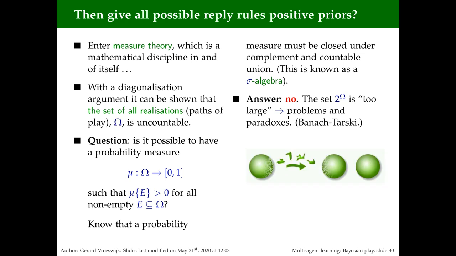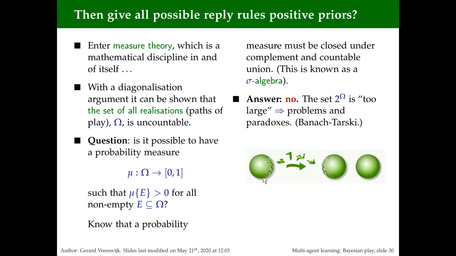Like, for example, the Banach-Tarski paradox, which tells you that if you insist on giving all subsets of the set of all realizations positive probability, then you would not sum up to 1, and you would have to rely on the axiom of choice, and that would imply that, for example, you can decompose one massive ball and put the pieces together into massive balls of the same volume, if I quote it correctly.